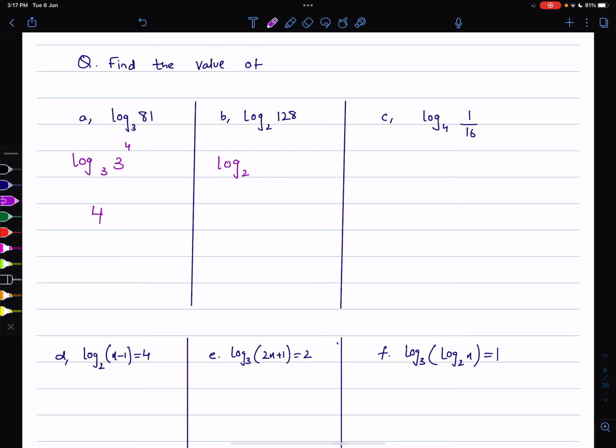Log to the base 2 of 128. Now 128 can be expressed as 2 to the power of 7. So log to the base 2 of 2 to the power of 7, the result is just 7. Log to the base 4 of 1 upon 16: 1 upon 16 can be expressed as 4 to the power of minus 2. So the result is just going to be negative 2.